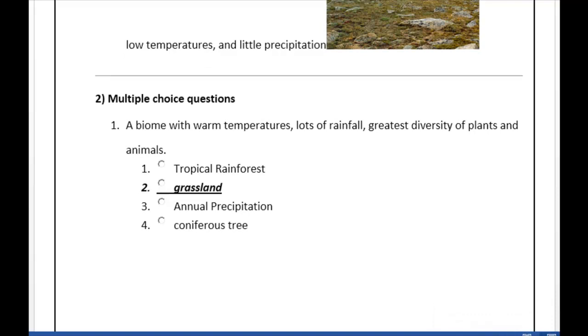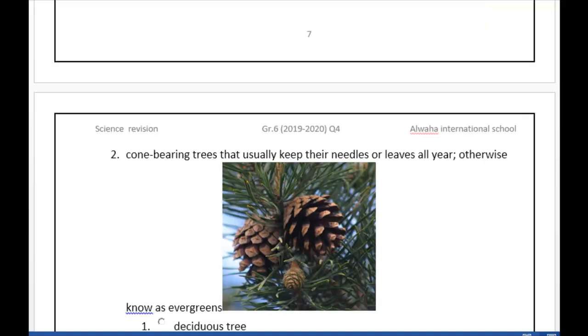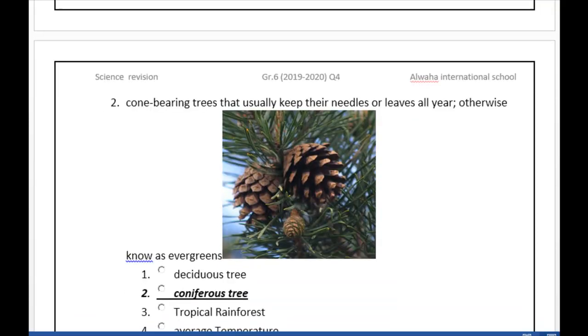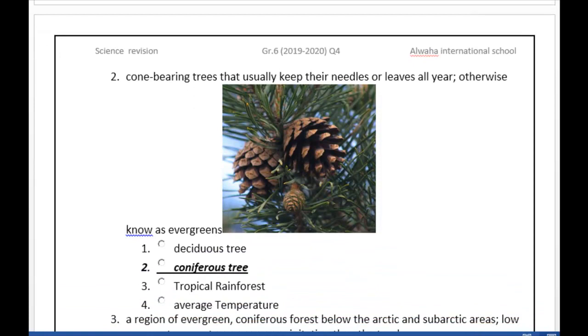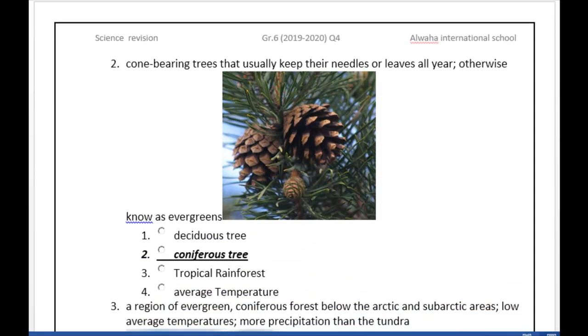Number 1, a biome with warm temperature, lots of rainfall, greatest diversity of the plant and animals. This is a tropical rainforest, grassland, annual precipitation, or coniferous tree. Which one? Number 2, cone-bearing trees that usually keep their needles or leaves all year.